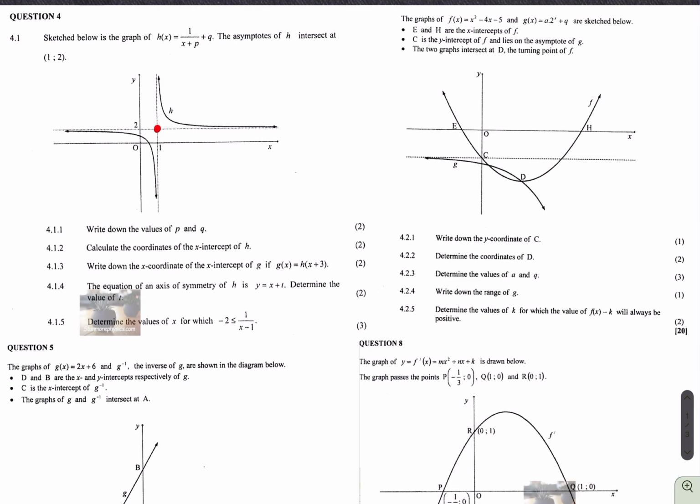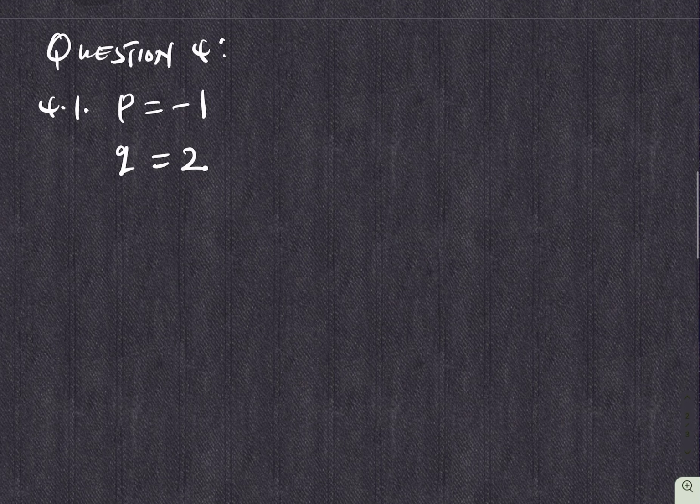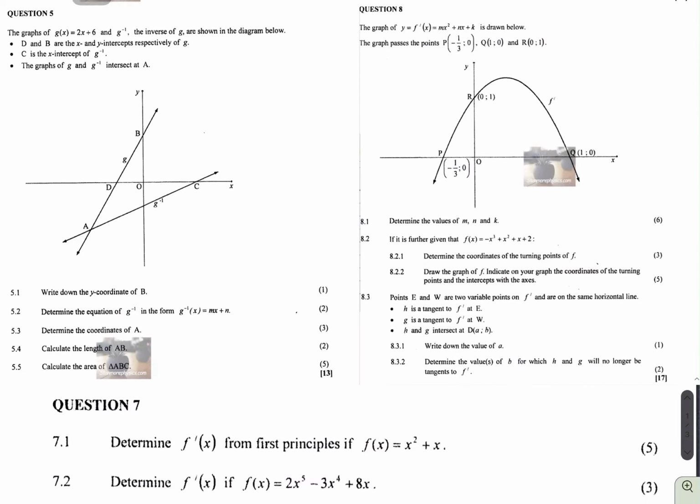Check now. They say calculate the coordinates of the x-intercept of h. So we are looking for the x-intercepts. We have a 4.2 where y is given by 1 over x minus 1 plus 2. So we are looking for the coordinates. Please read the question carefully.